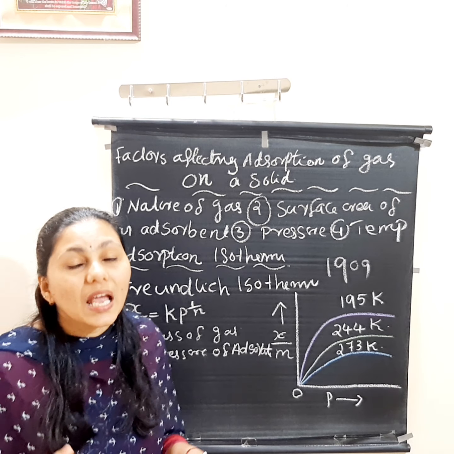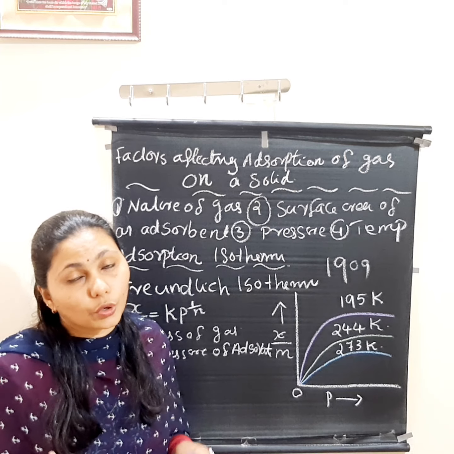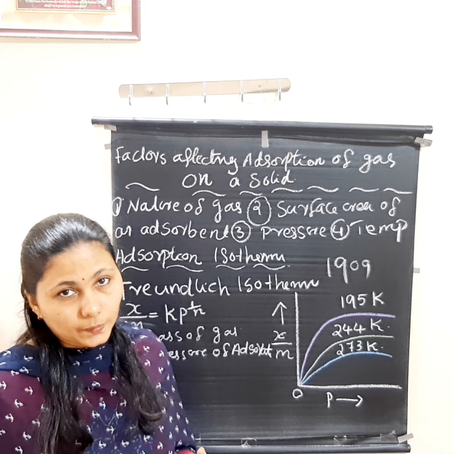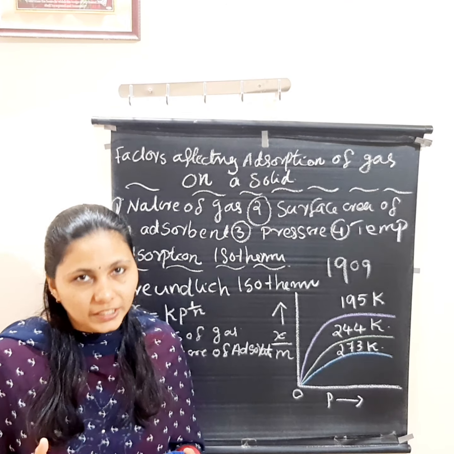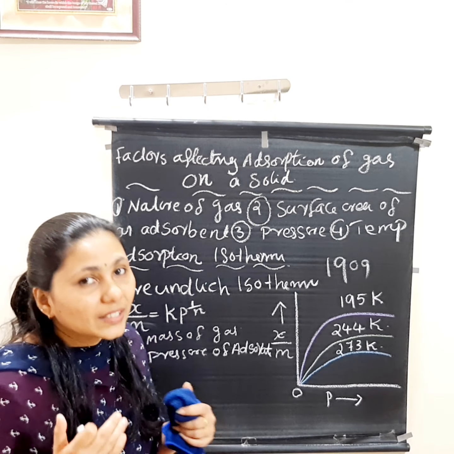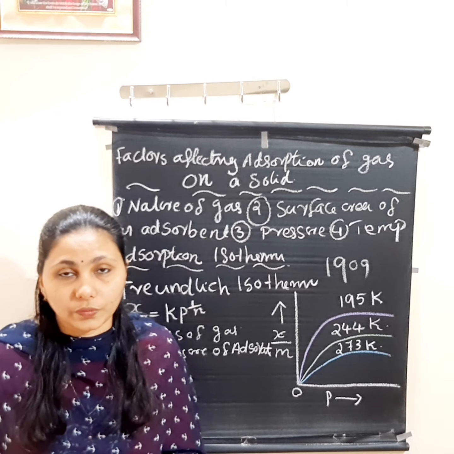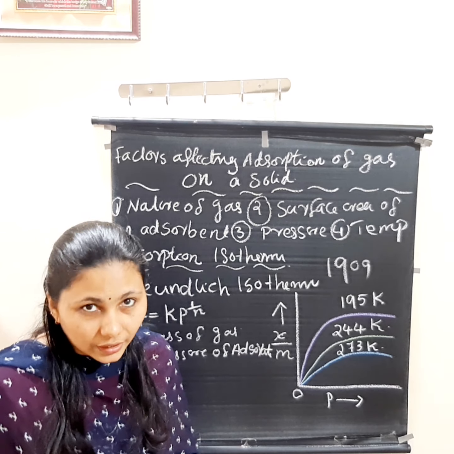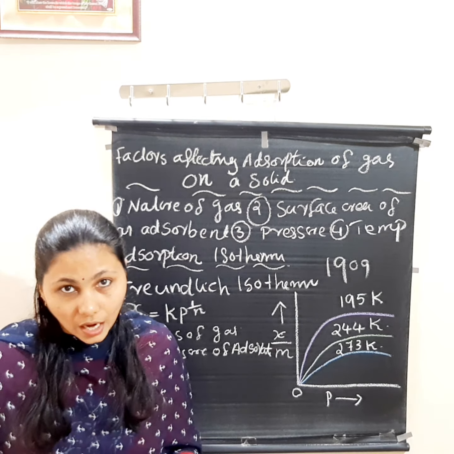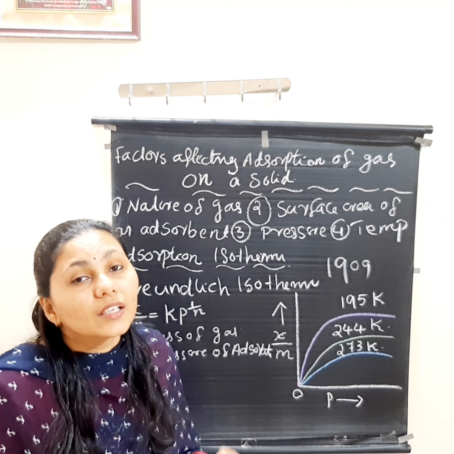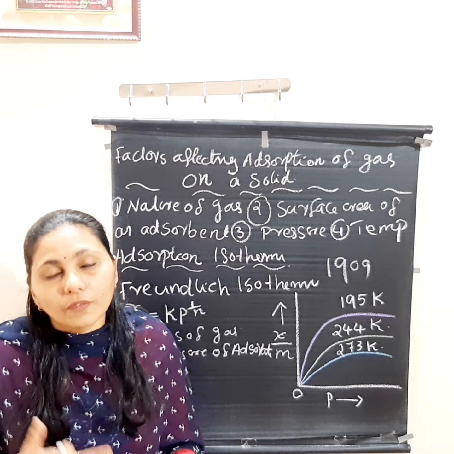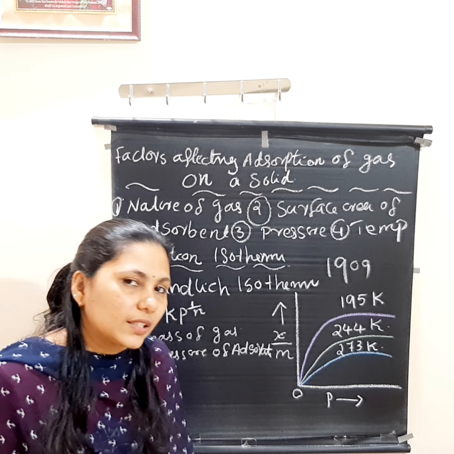Empirical equation means an equation obtained on an experimental basis. Freundlich proposed an empirical equation that gives the relationship between the variation in adsorption of a gas on a given unit mass of a solid adsorbent with the pressure at a constant temperature.